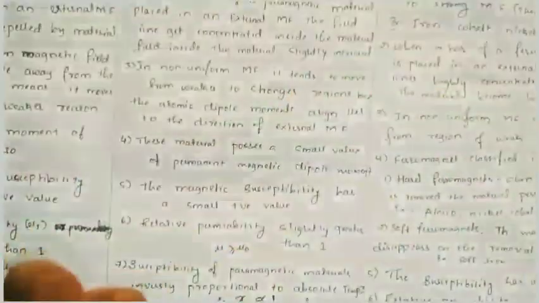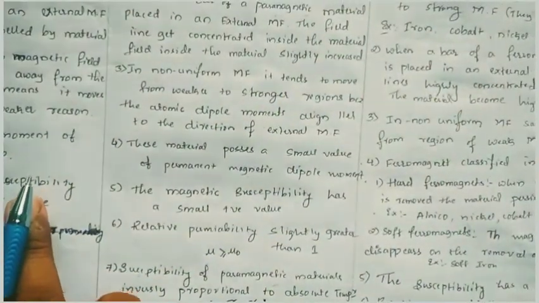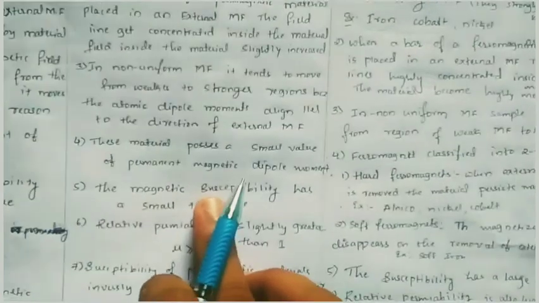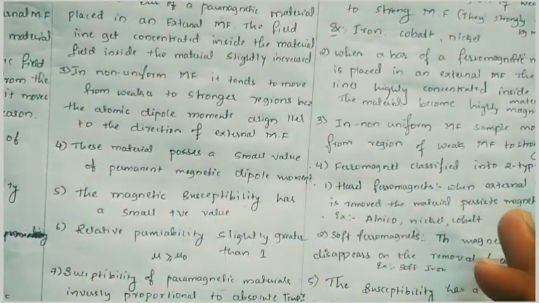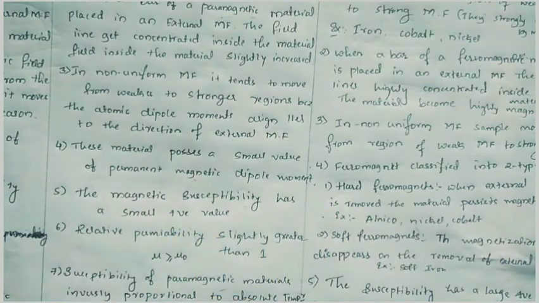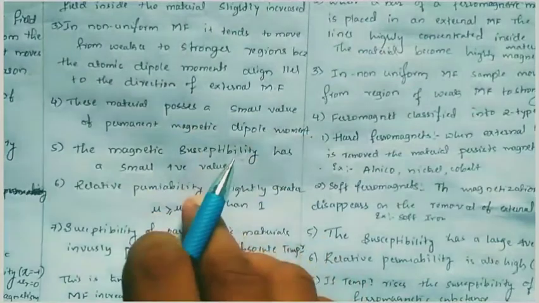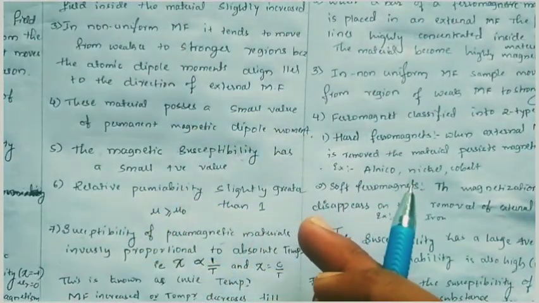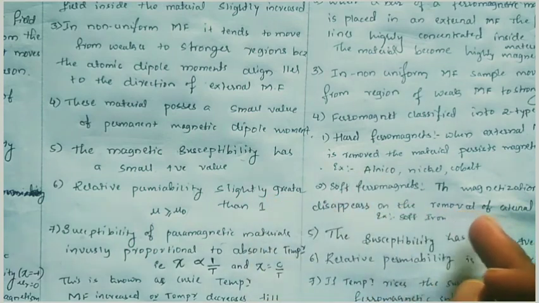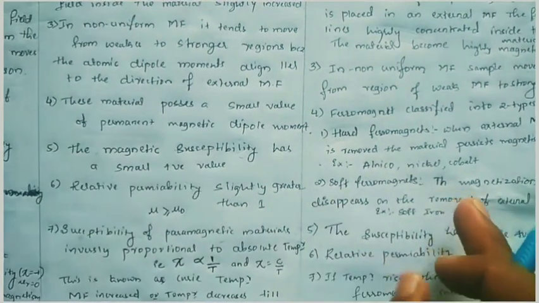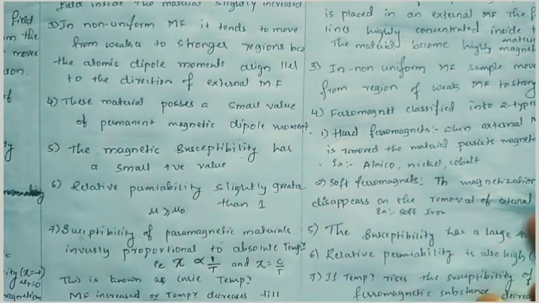And the relative susceptibility is small and negative in the diamagnetic, positive here, and here also positive. And the relative permeability in the diamagnetic is 0, in the paramagnetic slightly greater than 1, and in the ferromagnetic it is very high.